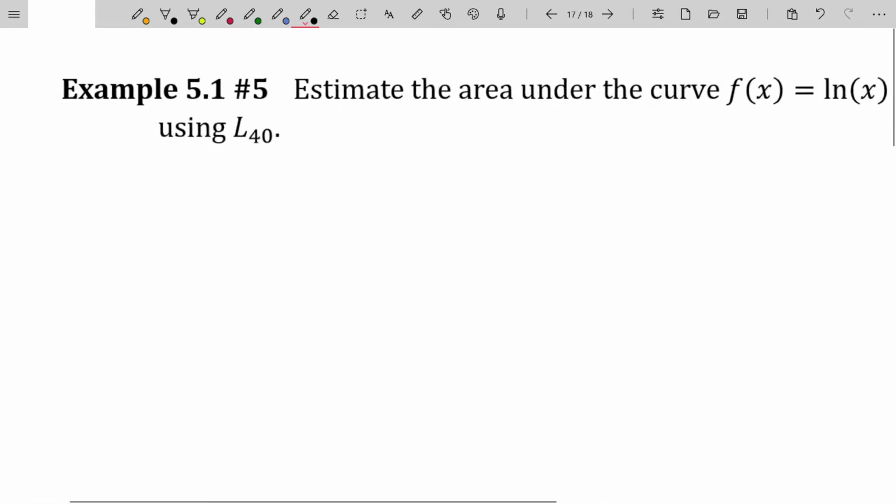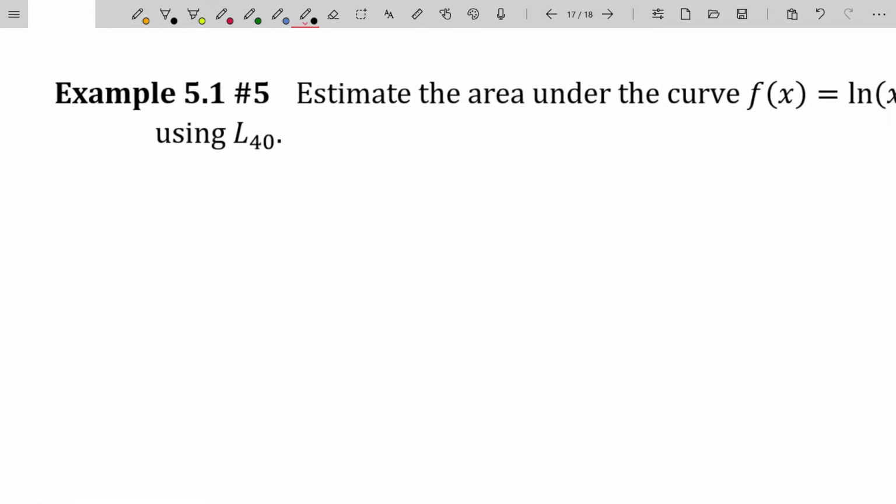So let's go ahead and use both. Well, L sub 40. Let's see what that looks like before we grab a calculator. So calculator should be the last thing you grab here. L sub 40 should be the summation i equals 1 to 40 of f of x sub i minus 1, right? Because you're using the left edge of your interval that goes from x sub i minus 1 to x sub i.